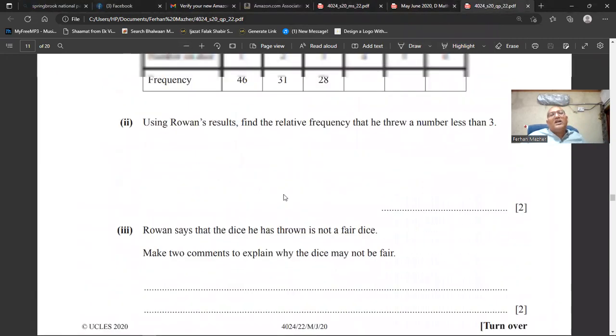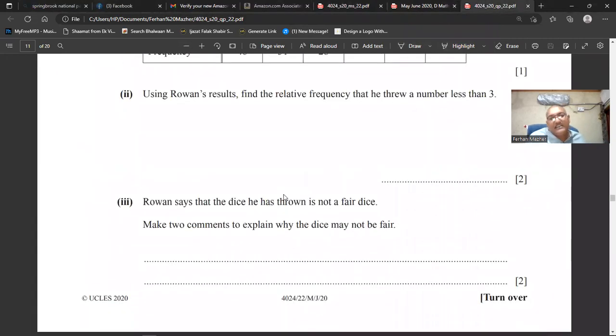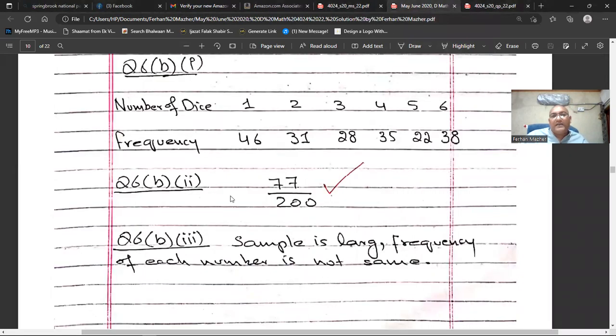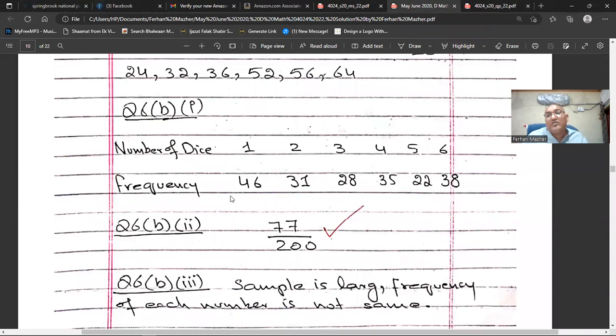Then he says, Rowan says that the dice he has thrown is not a fair dice. Make two comments to explain why the dice may not be fair. You see, it's quite a large sample. It's not just that you have thrown the dice once or twice or 10 times. No, you have thrown the dice 200 times.